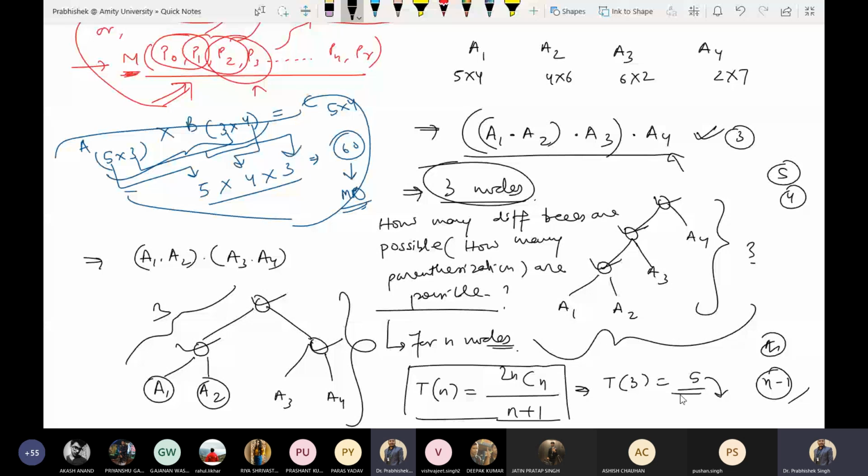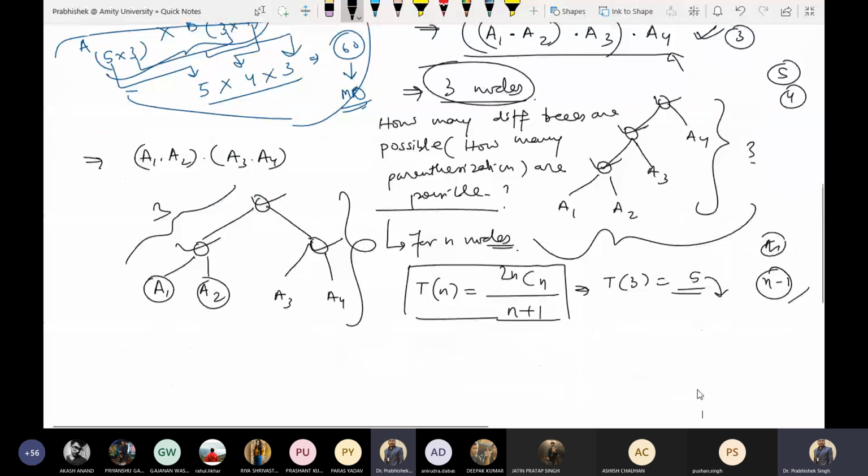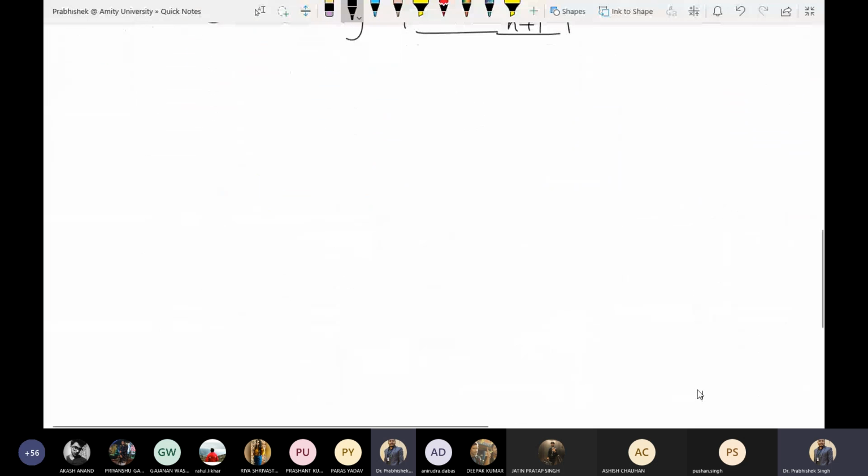Means there are 5 different ways these 4 matrices can be multiplied, and you have to find that way of multiplication which is giving you the minimum cost, and you have to also calculate the sequence of it. I hope all of you have understood how to calculate the sequence and the minimum cost. Is it clear to everybody?